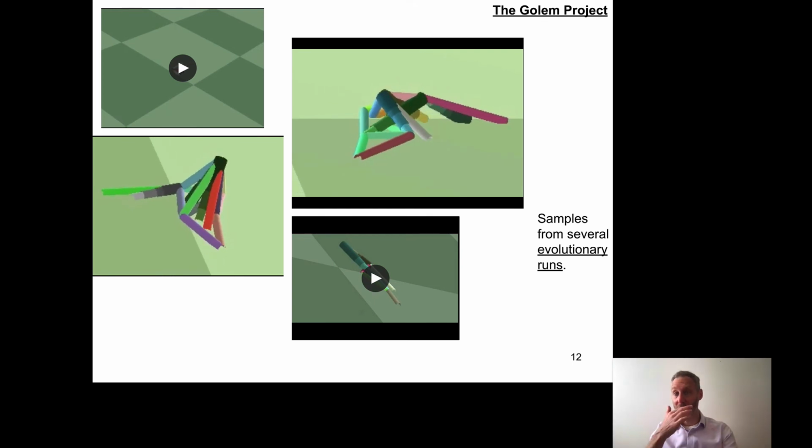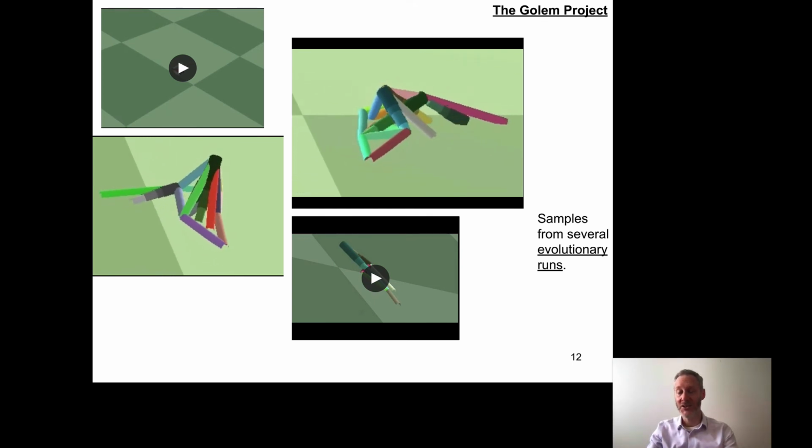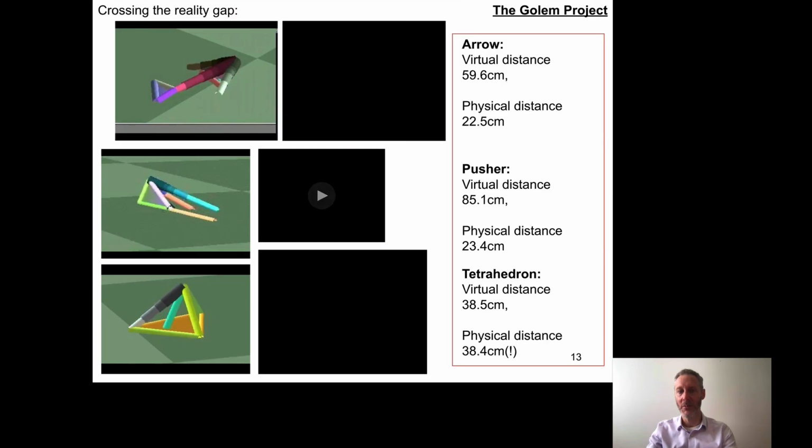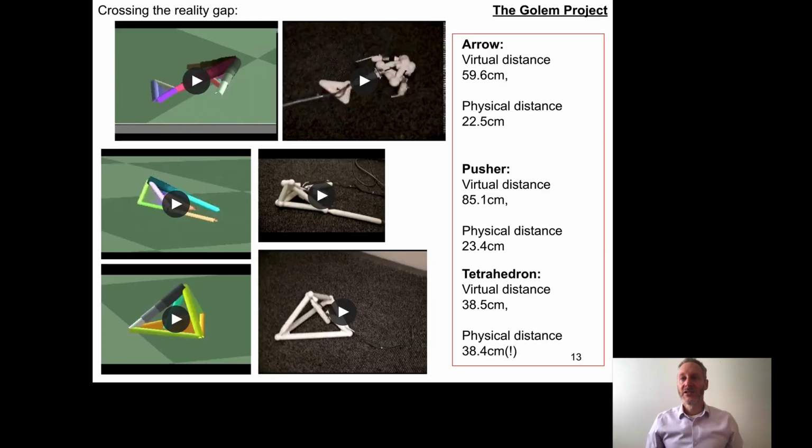A lot of new technologies at play in this experiment, not just physics engines, but 3D printers, which we'll talk about in a moment. Okay. It's a lot of lead up for the reason we're talking about this experiment today, which is one of its goals was to try and cross the reality gap.